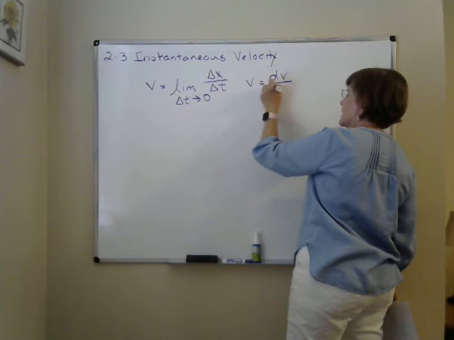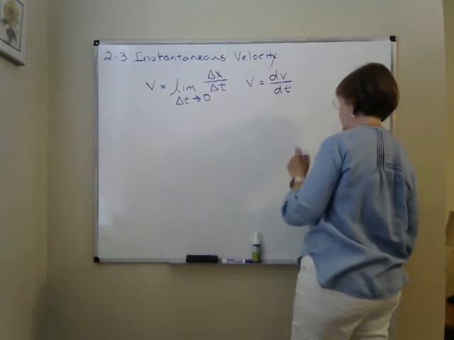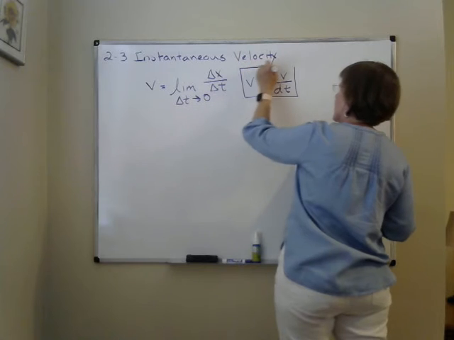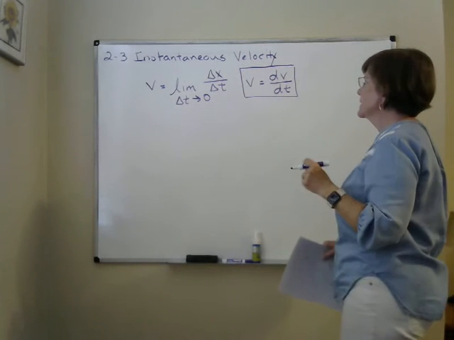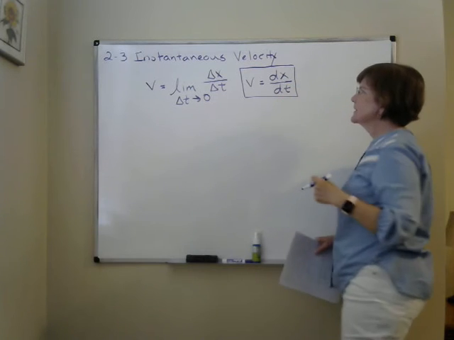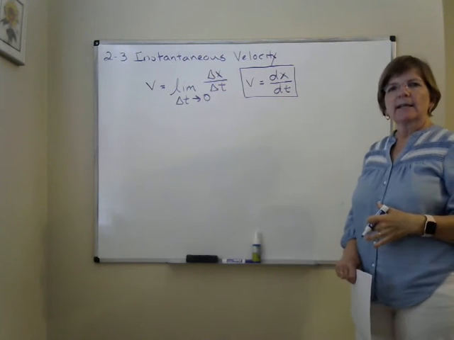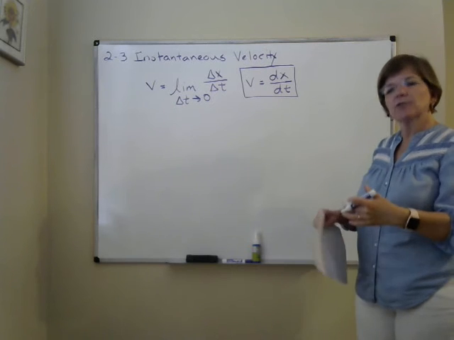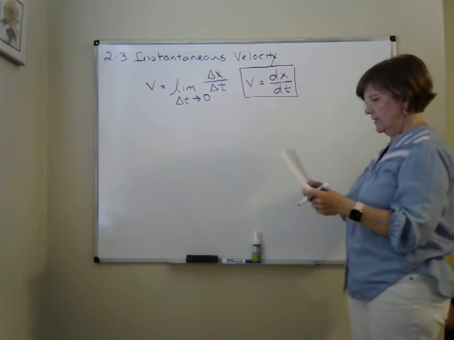It's dx dt. The instantaneous velocity is the derivative of the position. It tells you how the position is changing.